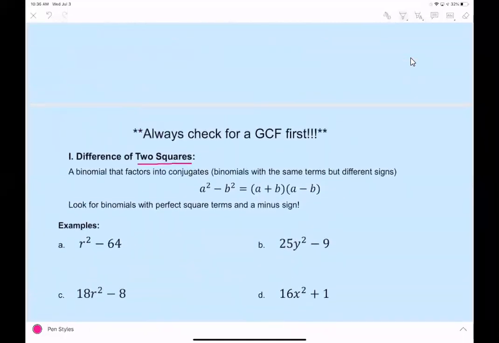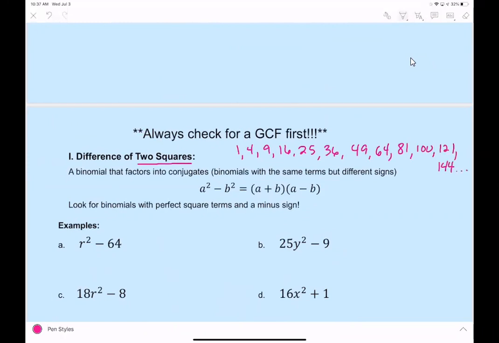So what does it mean when we say difference of two squares? Well, think about perfect squares. Remember our list of perfect squares: 1, 4, 9, 16, 25, 36, 49, 64, 81, 100, 121, 144, and so on.